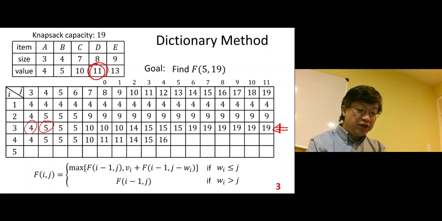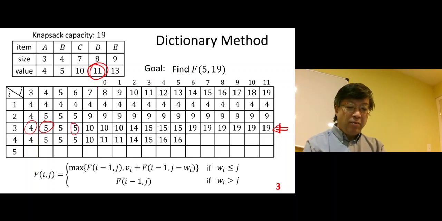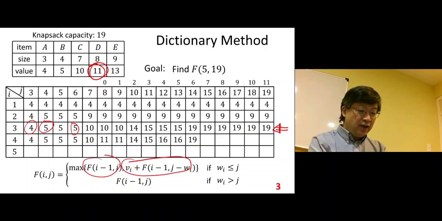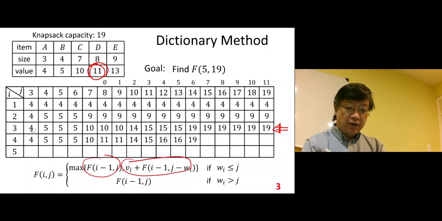On the 5, still 5, 16, better than 15, so we use 16. Under 6, row 3, 6, still 5, 16, but 19 is better. So we take 19, because it's the larger number, so we pick the larger one.